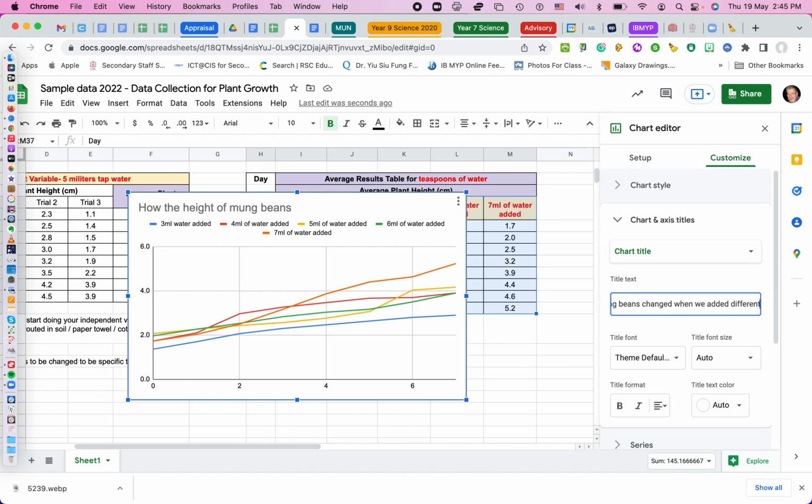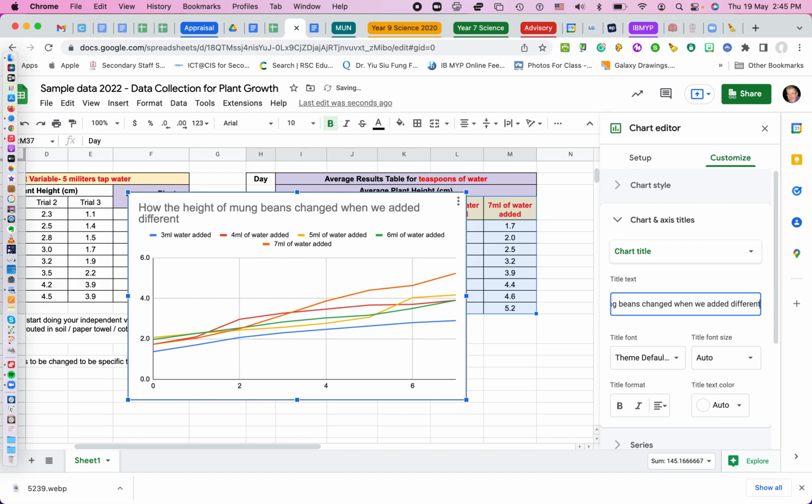So I'm going to say how the height of mung beans changed when we had a different, instead of saying amounts, I want to use a science word. And we're using a liquid, so that would be volumes of water. So that's our title. Now the height of mung beans changed when we added different volumes of water.